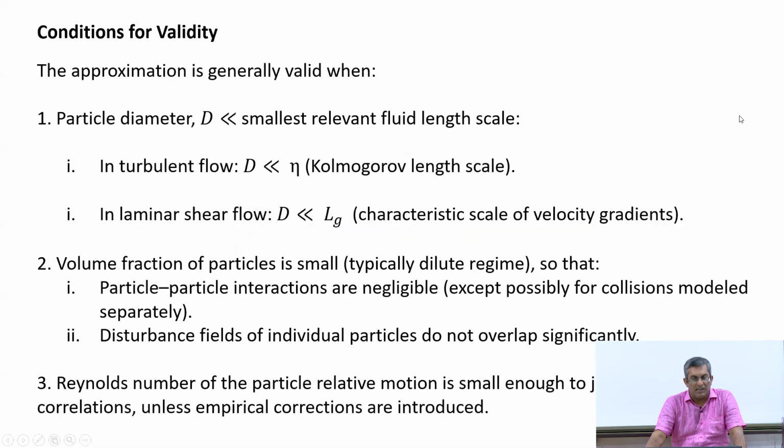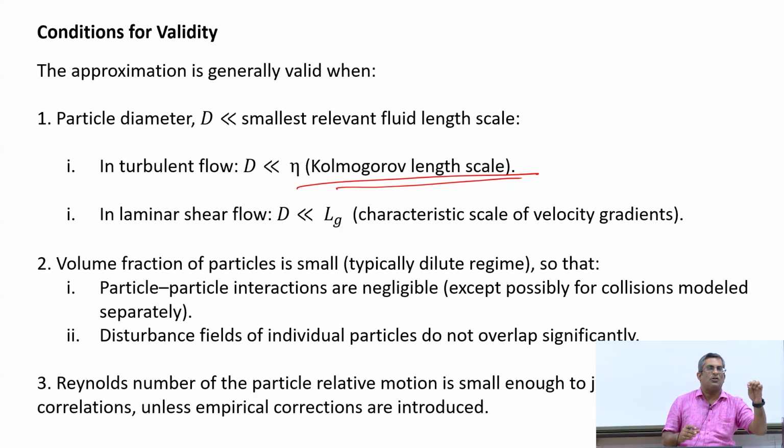But what are the conditions for validity for such models? As I mentioned, the particle diameter must be smaller than the smallest relevant fluid length scale. We will again discuss this when I talk about turbulence, but the Kolmogorov length scale represents the smallest scale in a turbulent flow.